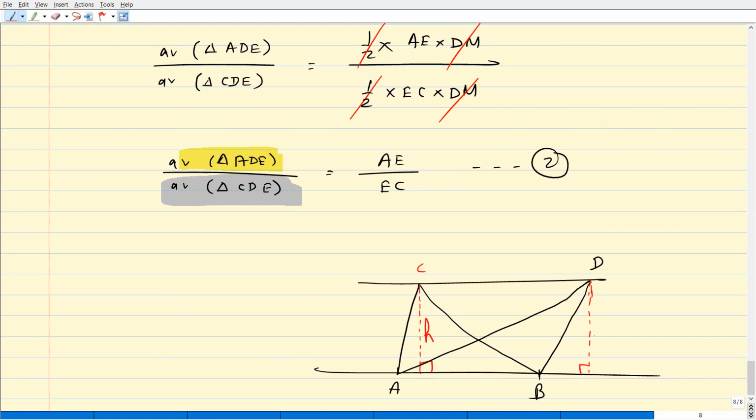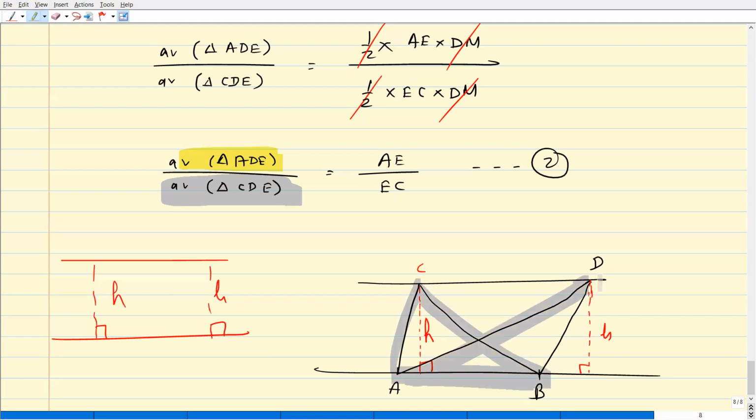Yes, sir. And can you understand that if there is a parallel line, the perpendicular distance, whether you drop it here or you drop it here, both are going to be same only, no? The perpendicular distance between the two parallel lines. Yes, sir. So height is same, and we have told already that the base is also same, AB. So is it not true that the area of this triangle will become equal to area of this triangle? Half into base into same height, half into base into same height.